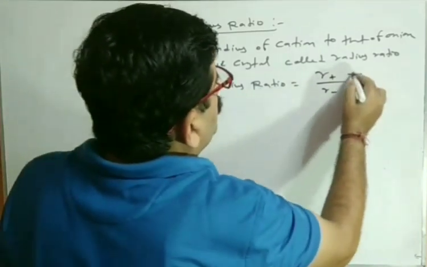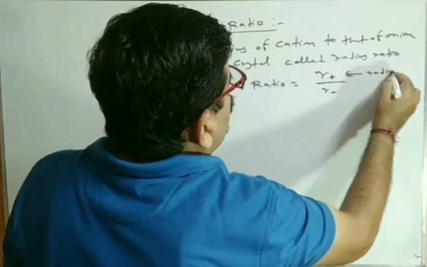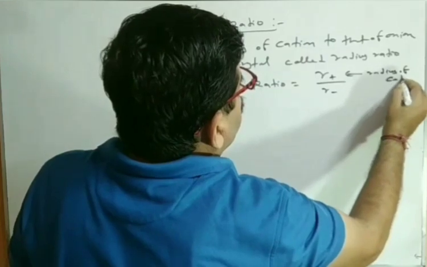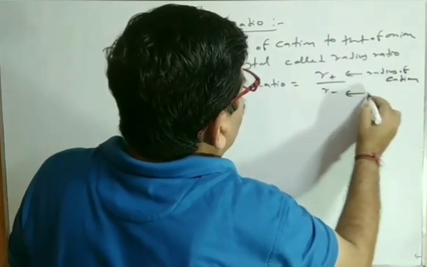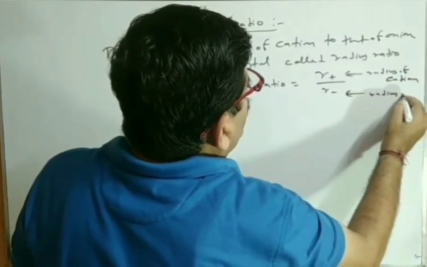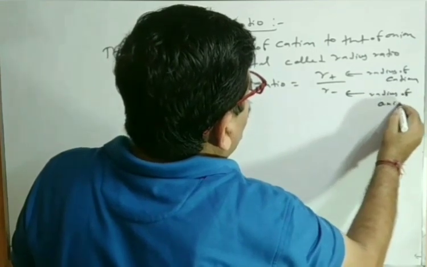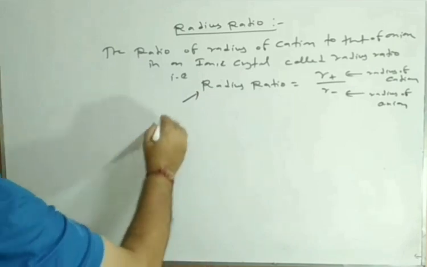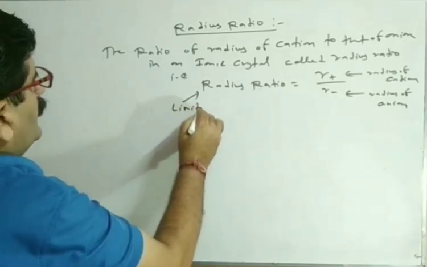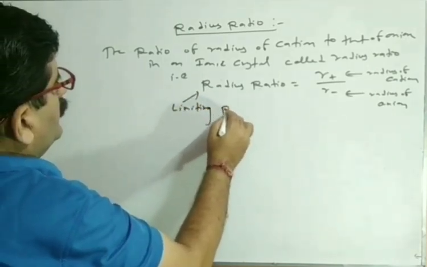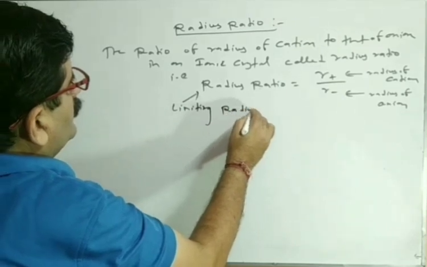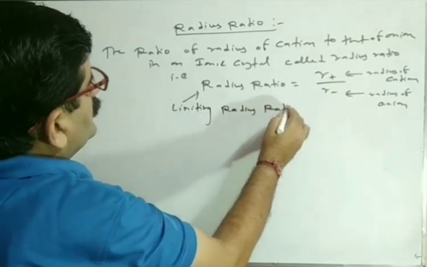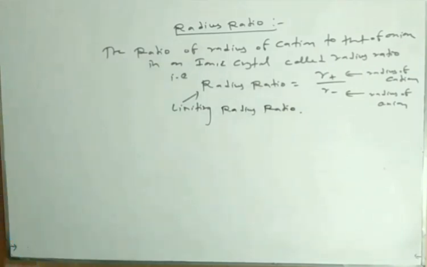This is the radius of cation, this one, the radius of anion. This radius ratio is also called limiting radius ratio.